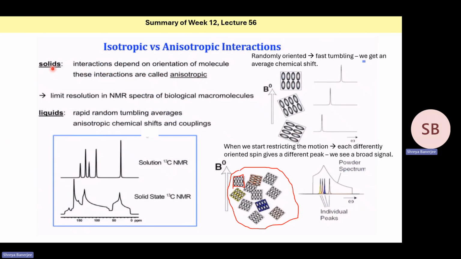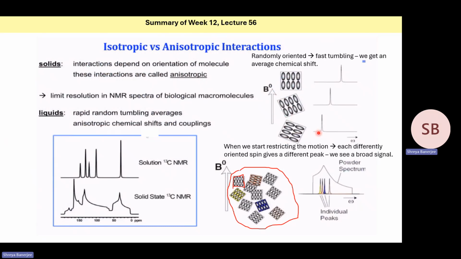So in solids, there is a limit to the resolution in NMR spectra of the biological macromolecules. In liquid, what happens? The spins are free to move. Here also spins may be oriented in different directions, like up, sideways, more sideways, and so on. But the difference is that unlike solids, there is no restriction. The spins can rapidly move and tumble around and average themselves out.